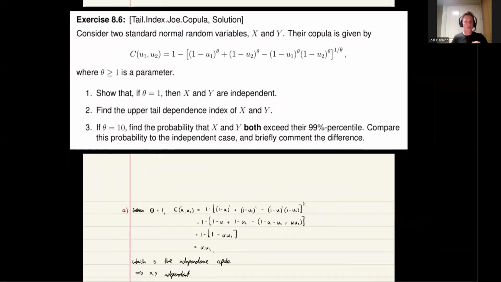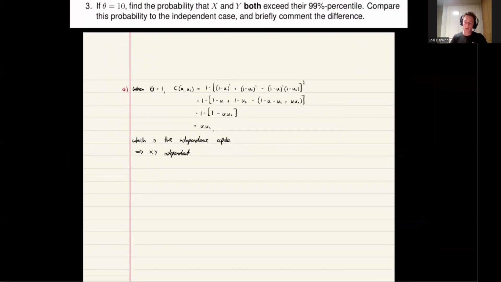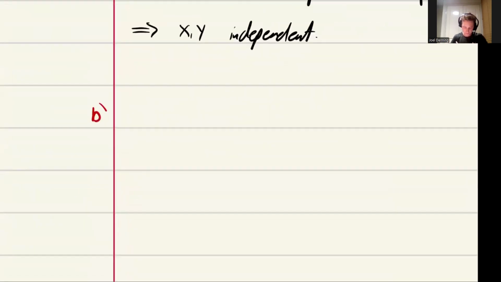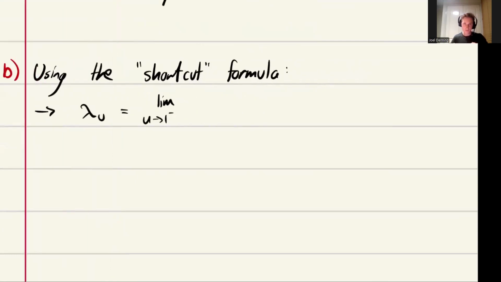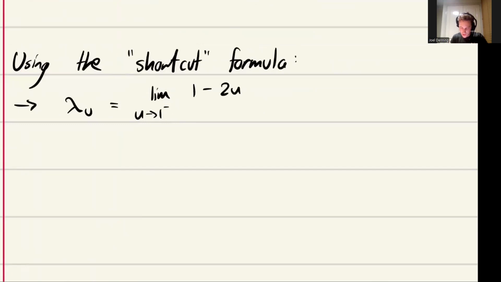Find the upper tail dependence of x and y. Since we have the copula this time, we are going to use that shortcut. So using the shortcut formula, we're going to see lambda u. So our limit as u goes to 1 from below is 1 minus 2u plus C of u, u, all over 1 minus u.